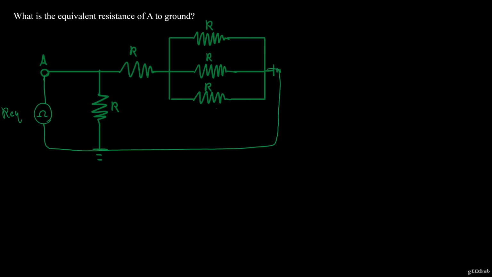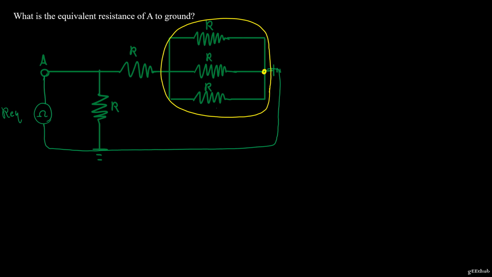So in order to solve the circuits, you should start from the farthest point from the ohm meter you're trying to measure the resistance of. And this is the farthest point. So I want to replace these three resistors that are in parallel. Why?